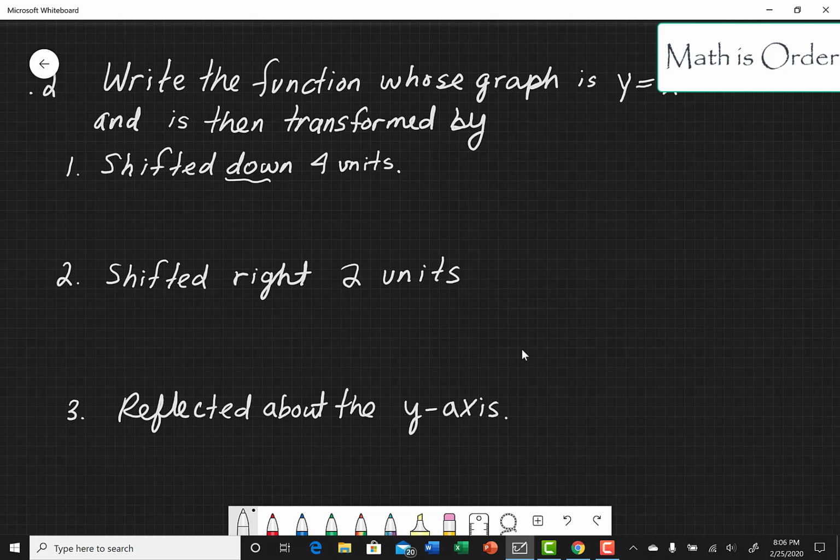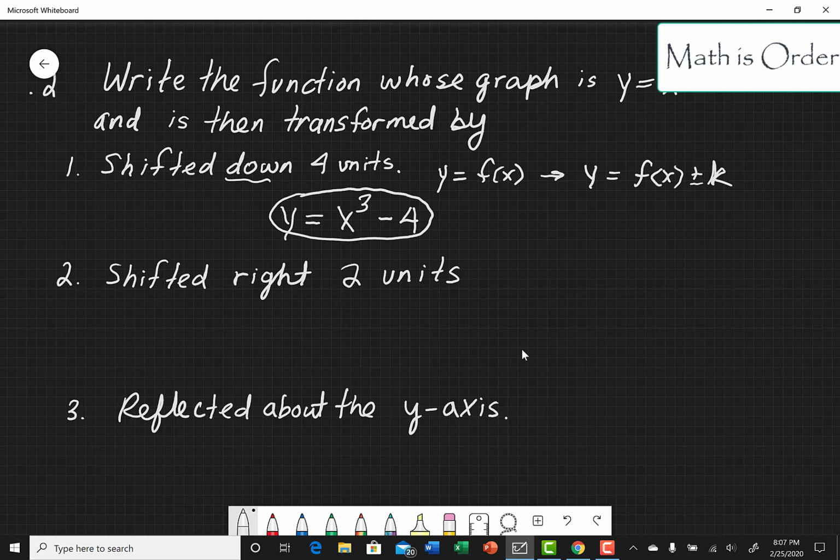So when you're shifting up or down, the function y equal f of x becomes y equal f of x plus or minus k. So in our case, we're going down 4 units. So our function is going to become y equal x cubed minus 4 as our final answer for that transformation.